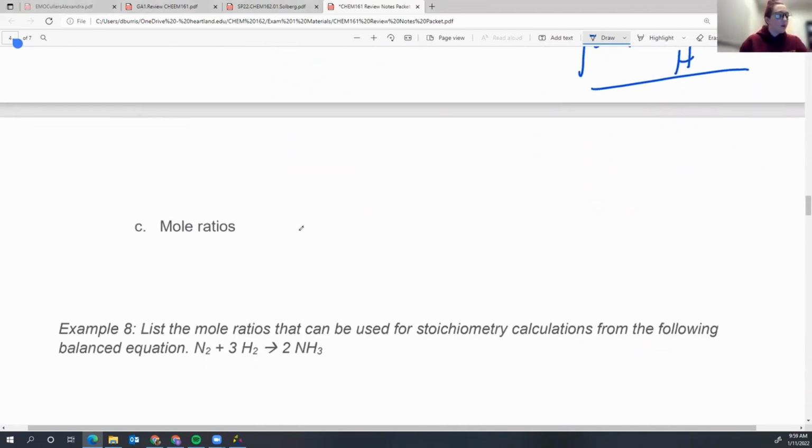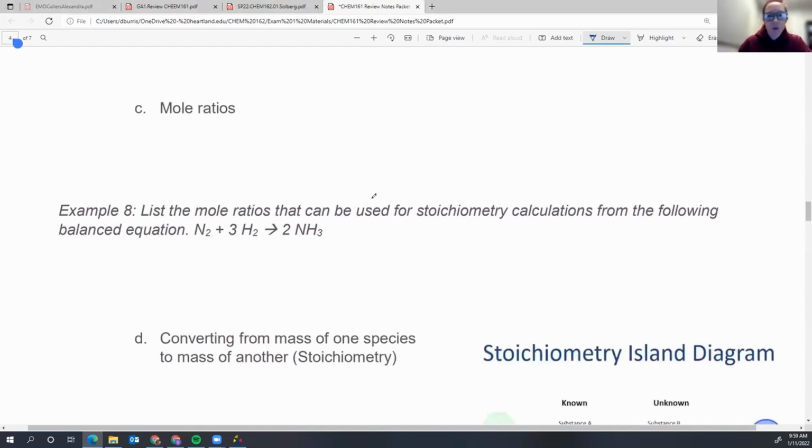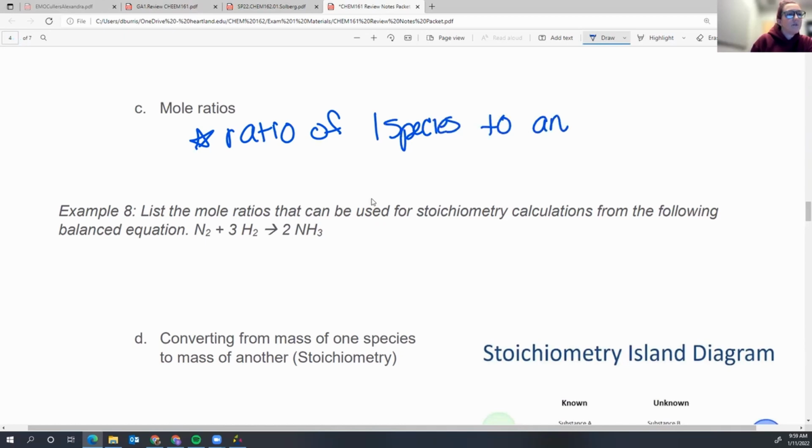Okay, so getting to the stoich part, I promise. Mole ratios. You have to be able to look at an equation and pull your mole ratios, and they are just like a conversion factor. A mole ratio is just a ratio of one species to another from a balanced chemical equation.